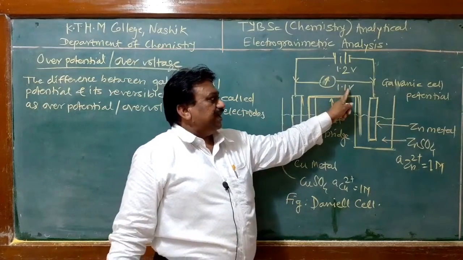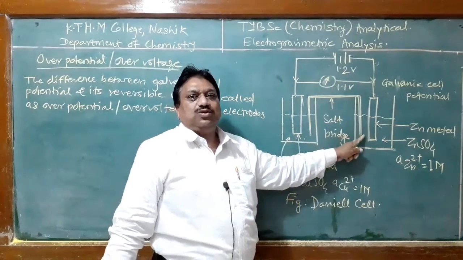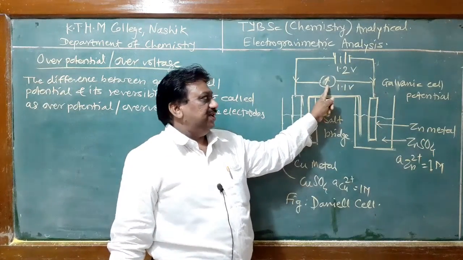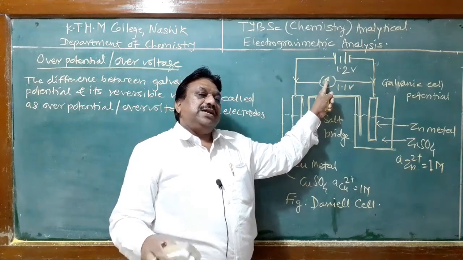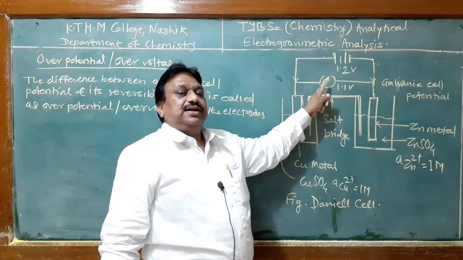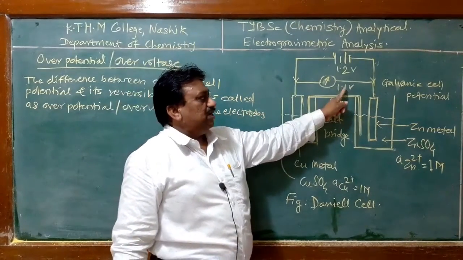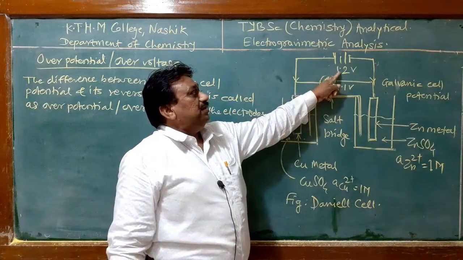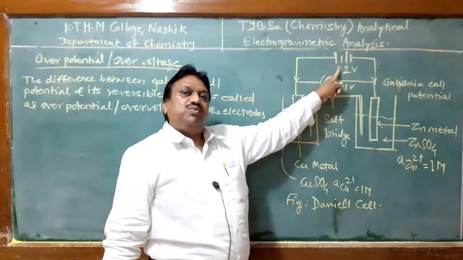Each electrolysis cell has its galvanic cell potential, and in order to carry out the oxidation or reduction of a particular analyte species, we have to increase the potential greater than the galvanic cell potential. Therefore, 1.1 volt is the galvanic cell potential of this cell.